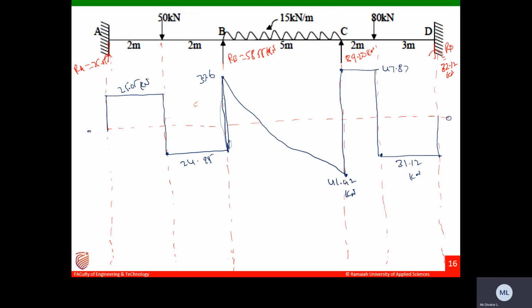This is kilonewtons. This is plus and this is minus. This is how we have to draw the SFD for the given beam. Similarly, you can draw the BMD also. Let us draw the datum line.